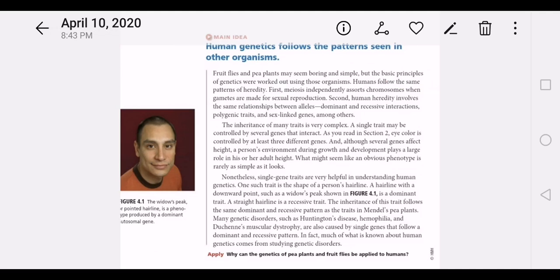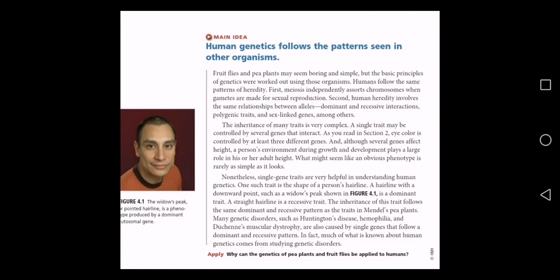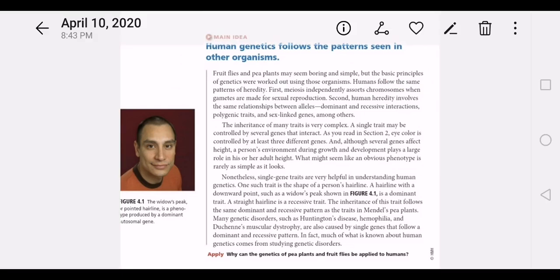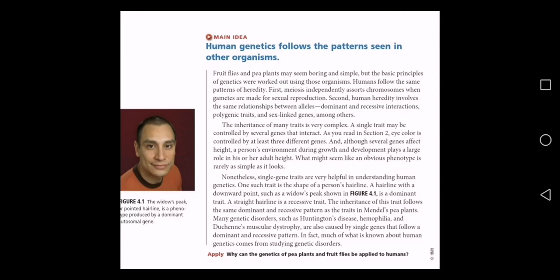Now, when gametes are formed, those 2 copies of each chromosome are separated from each other and distributed independently. That's the first thing, okay? And the same thing happens in the pea plant. The same thing happens in the fruit fly, okay?